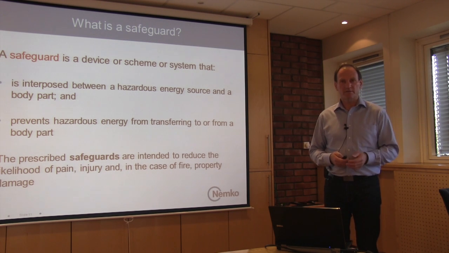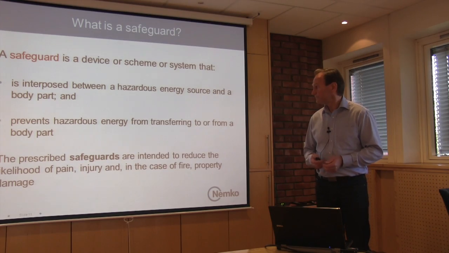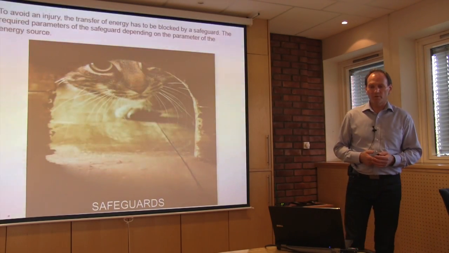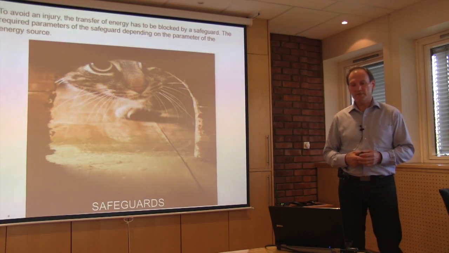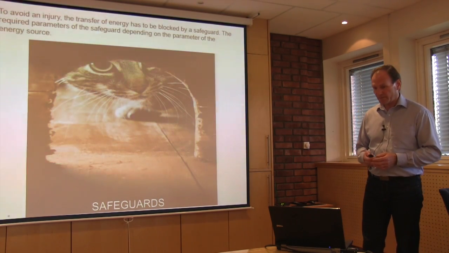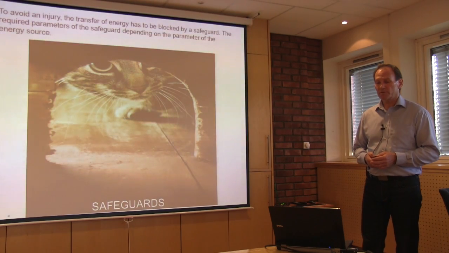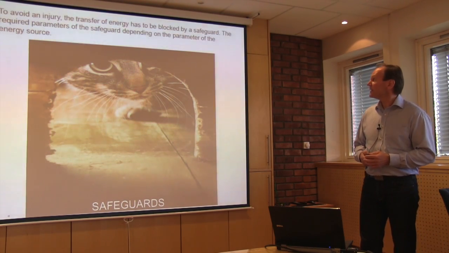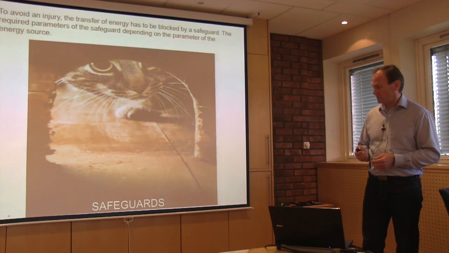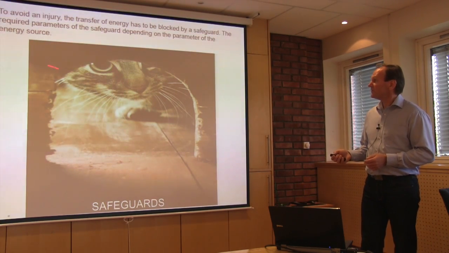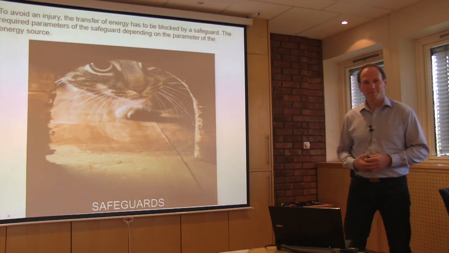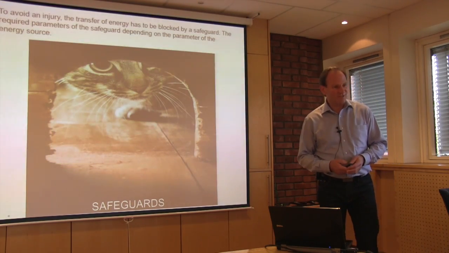That's a safeguard then. So to avoid an injury, the transfer of energy can be blocked by a safeguard. The safety parameters of the safeguard depend on the parameters of the energy source. So of course, if you have a very big energy source, you need a better safeguard.